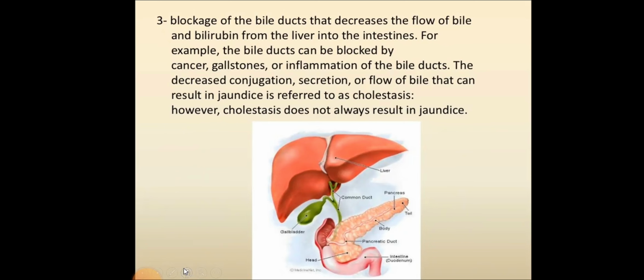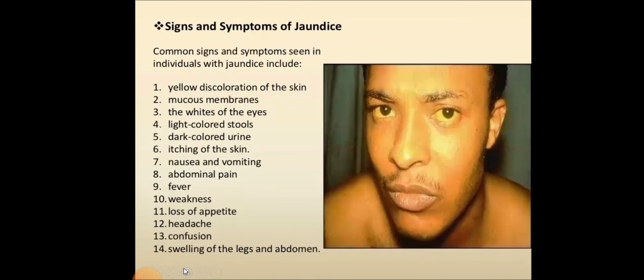And what are the common signs and symptoms of jaundice? That is yellowish discoloration in the skin and mucous membrane, and the whites of the eyes, and also light color stools. The yellowish discoloration of the eyes is called icterus.